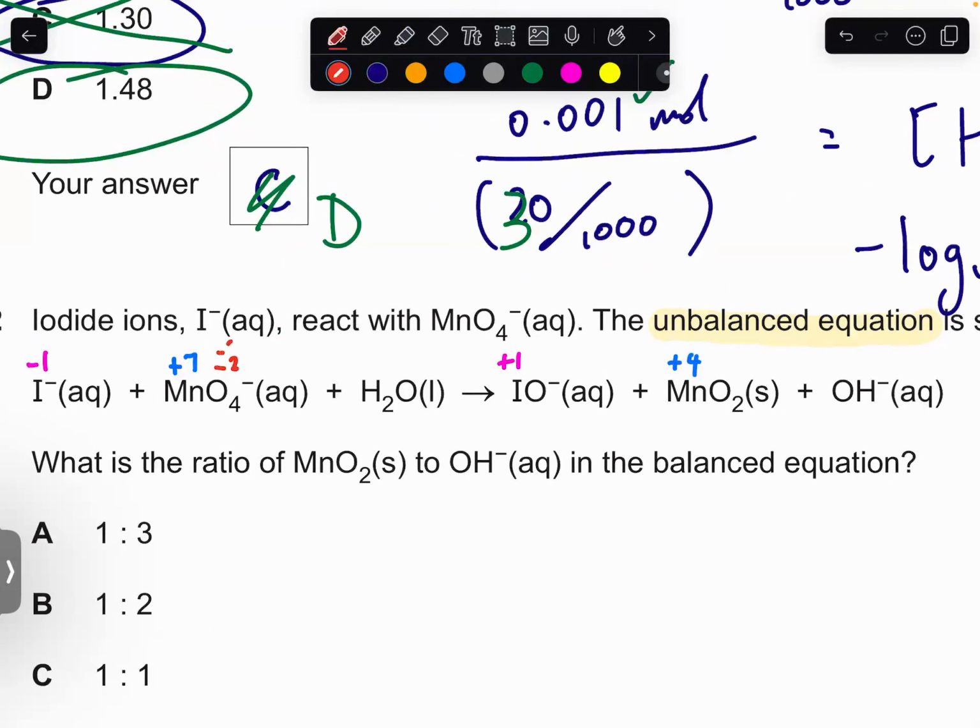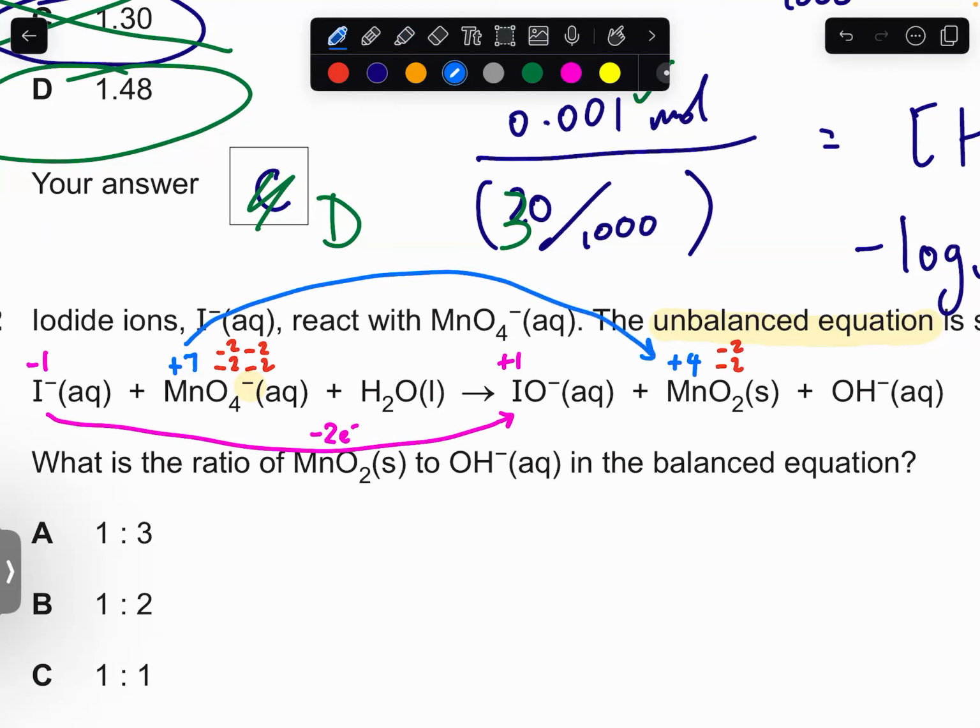Because oxygens are -2 each. And we balance accordingly, and we take into consideration the overall charge of the ion. So with iodine, it has lost 2 electrons, and manganese has gained 3 electrons.